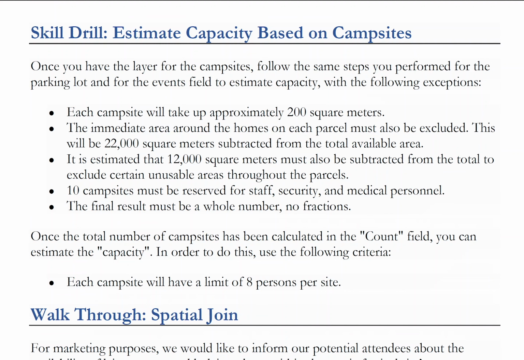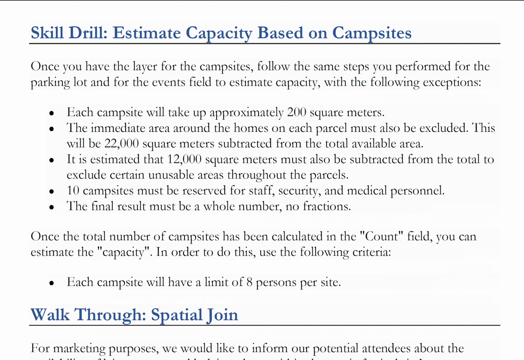Each campsite will take up approximately 200 square meters. The immediate area around the homes on each parcel must also be excluded. This will be 22,000 square meters subtracted from the total available area. It is estimated that 12,000 square meters must also be subtracted from the total to exclude certain unusable areas throughout the parcels.